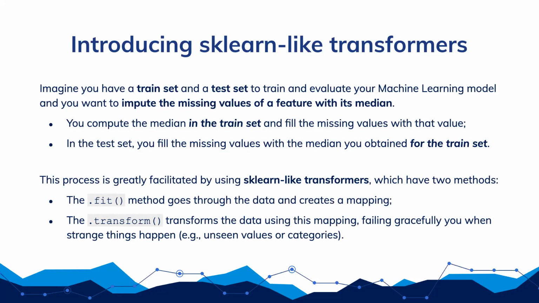Let's suppose we have a transformer that applies the median to a column of your test set. You could use fit to automatically get the median for the training set. If you apply fit just to the training set, then after doing that you can apply transform to the test set, and it will automatically take care of using the right value. This is a bit abstract now, but I'm going to show you a series of examples where you'll see this very clearly.